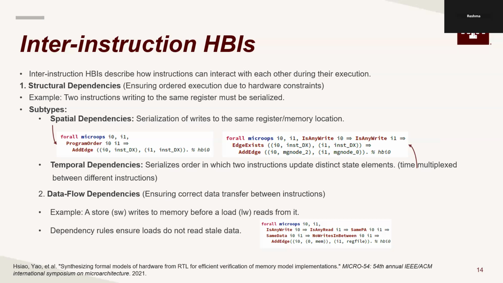Then we have the data flow dependencies. For example, a store must complete before a dependent load reads from the same memory location. This is similar to the hazards we have in computer architecture.